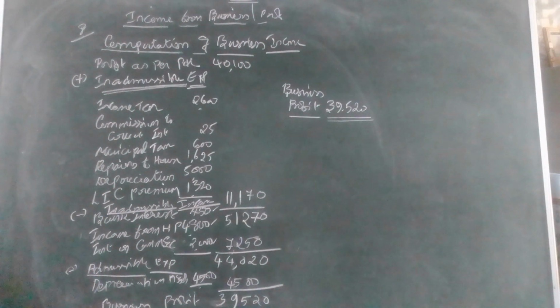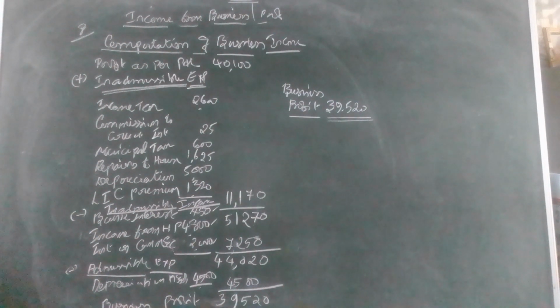Then another one is interest and commission. Any amount of interest on deposits, income from investments, interest and commission on securities, these things are inadmissible income.